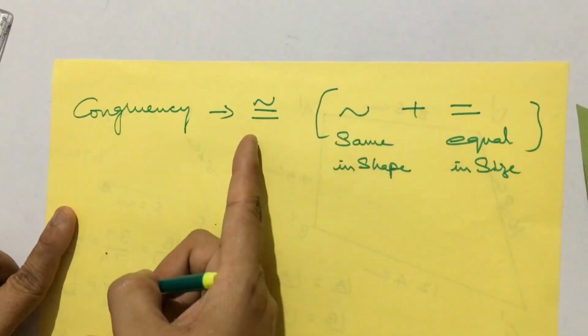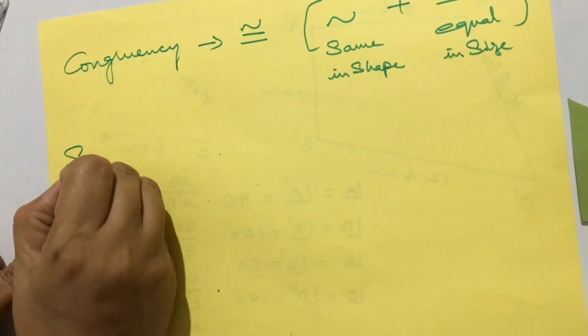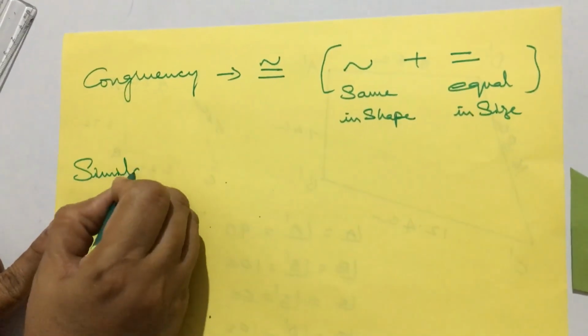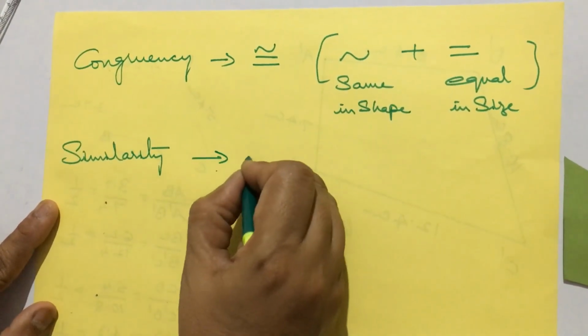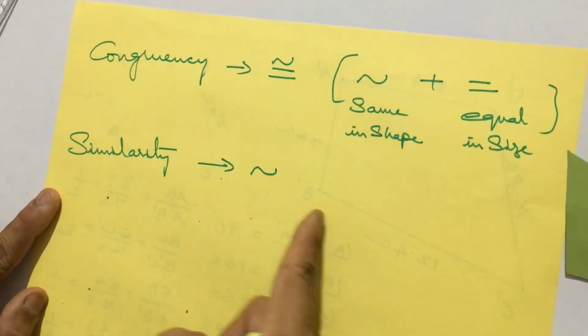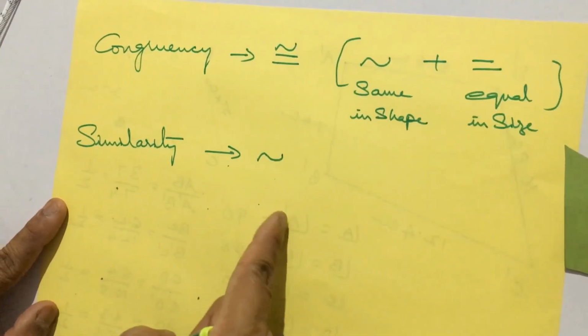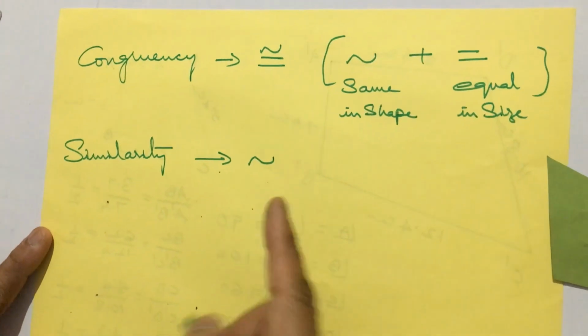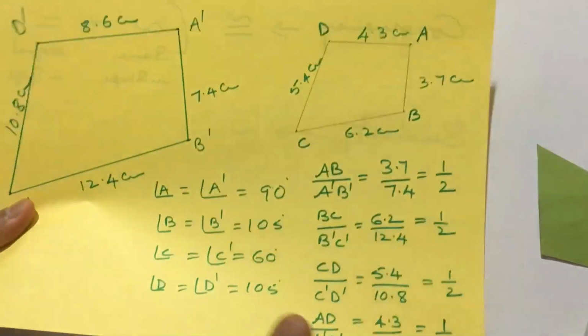We can use this symbol for congruency. Coming to similarity, we use only this S symbol in this position. So this is the similarity symbol. This shows that.